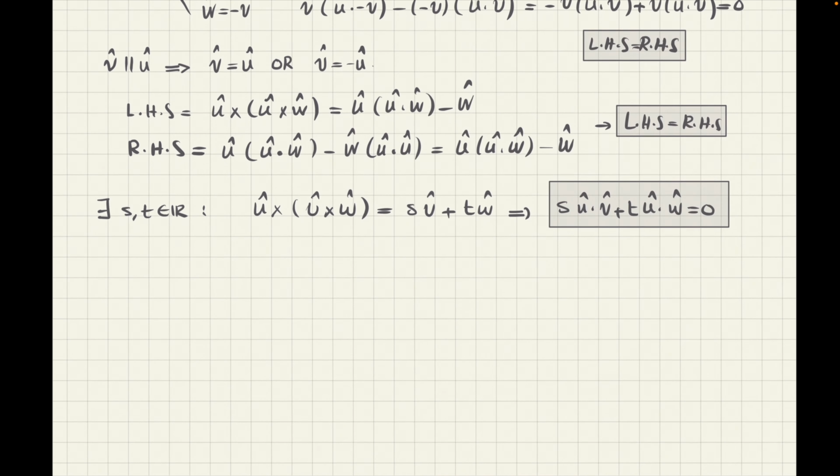But the idea here is now I dot product everything, for example, by V. So what happens? Then it becomes V dot (U cross (V cross W)) is S, V dot V is 1, and then plus T V dot W. Then I can use the cyclic property of the triple product, but I want to do it two times.